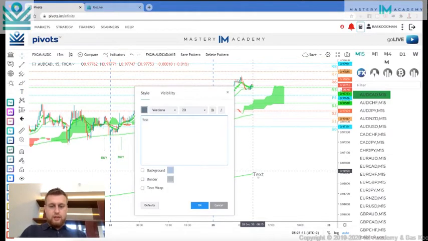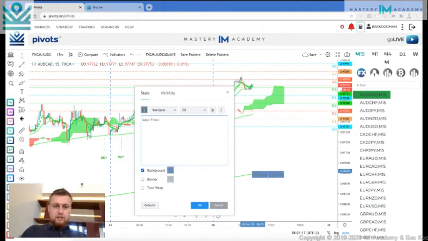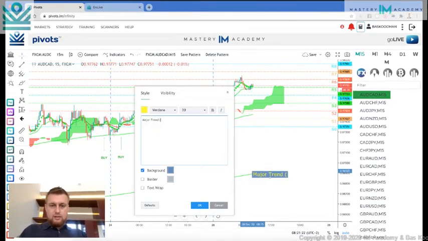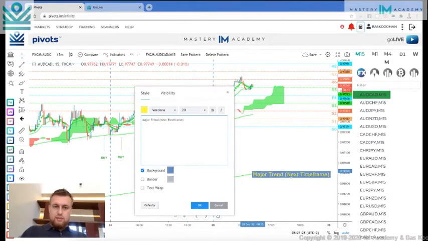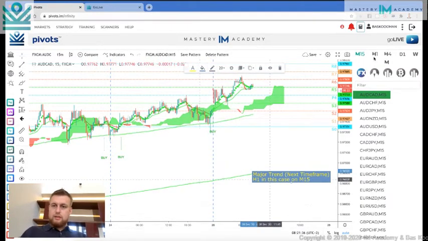So here we have the major trend line, and the major trend line is always the trend line of the next time frame. Now the next time frame in this case is the 1 hour. In this case on M15. Alright, so we are on the M15 and the next time frame is 1 hour.